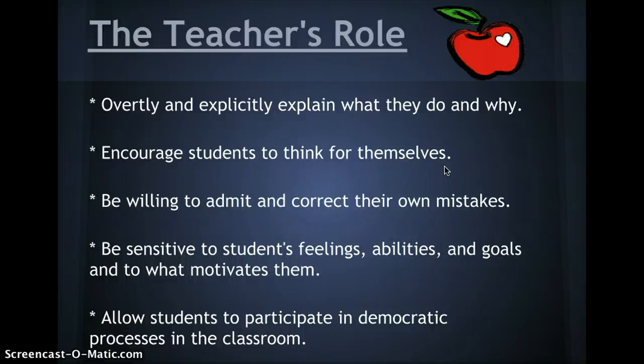Be sensitive to students' feelings, abilities, and goals and to what motivates them. Allow students to participate in democratic processes in the classroom. It is important that teachers are being a model and helping students to see the need for an excitement of being able to think critically.